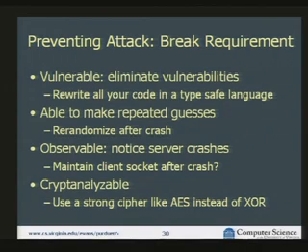This would enable a denial of service attack if it takes a lot of processing to re-randomize the program. We could try to make it harder to observe when the process under attack crashes. This is a little tricky to do, but maybe if we modify the kernel, we could make it so a socket stays open even when the server crashes, at least for some amount of time.